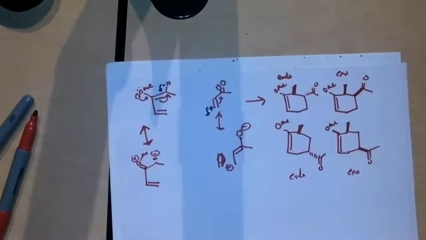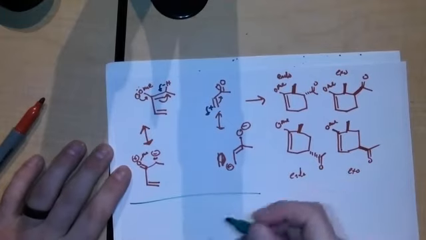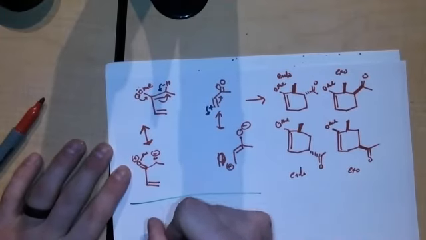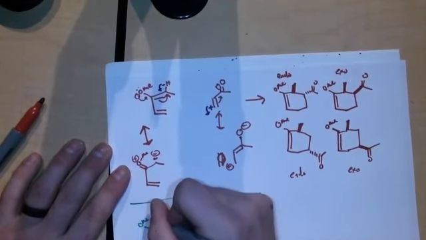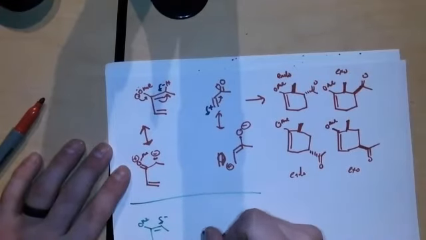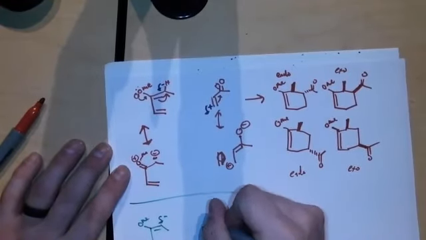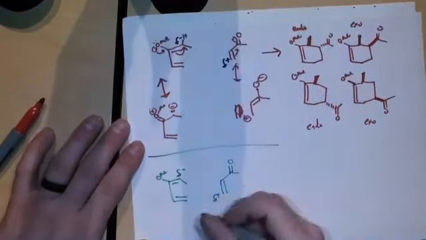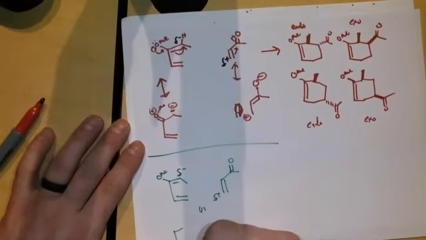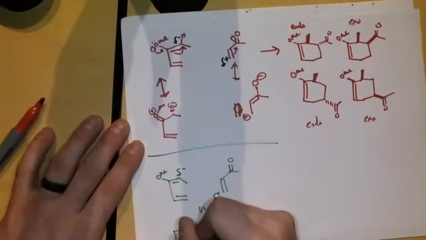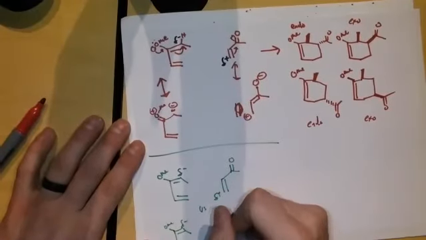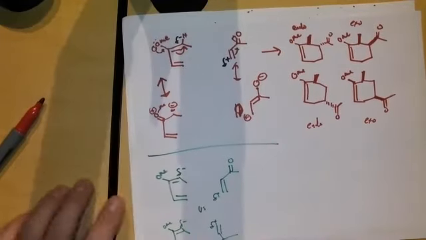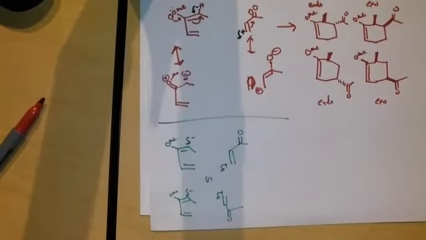I'm going to redraw this out for both of them just so we can look at it. OMe, we said partial negative up here, partial positive down here, versus this where I flipped over our dienophile.